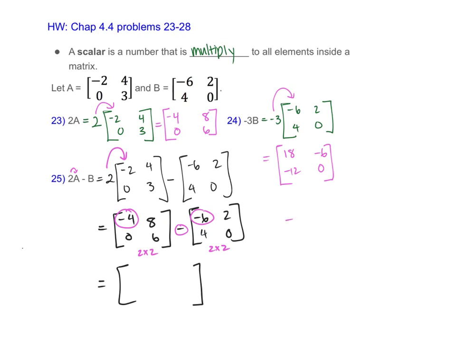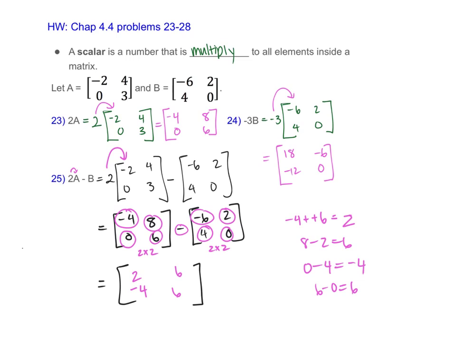So -4 minus -6, that becomes a positive, so -4 plus 6 is a positive 2. 8 minus 2 is a 6. 0 minus 4 is -4. And then last but not least, 6 minus 0 is 6. And then that's our new matrix. So that's my final answer.